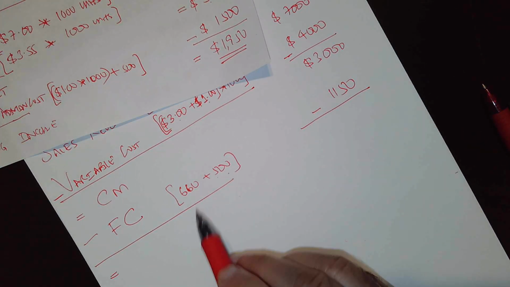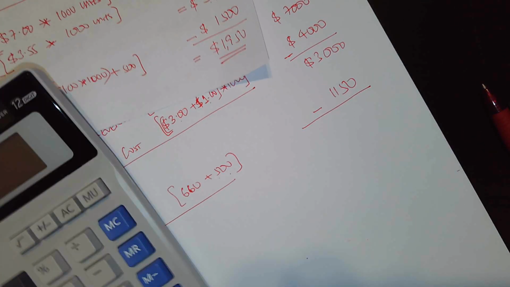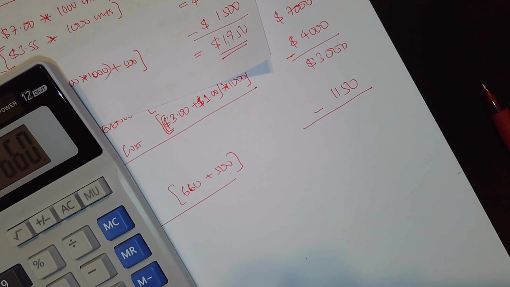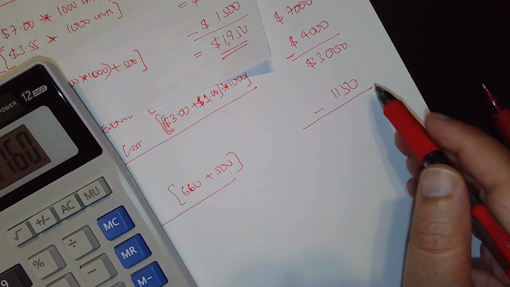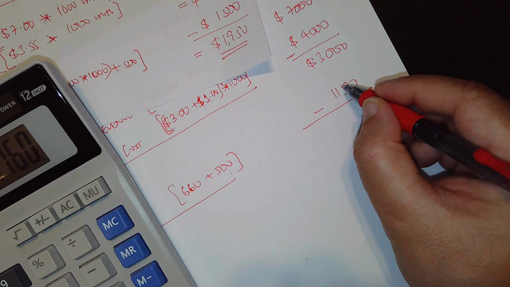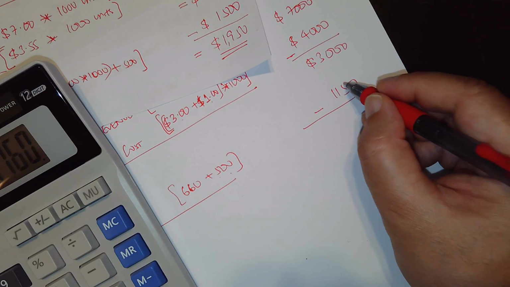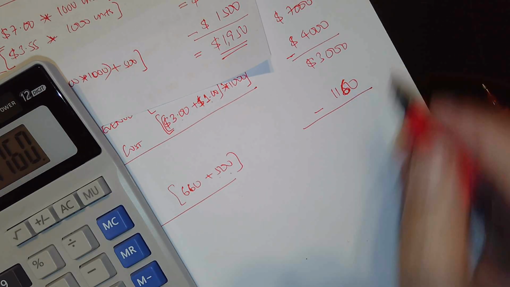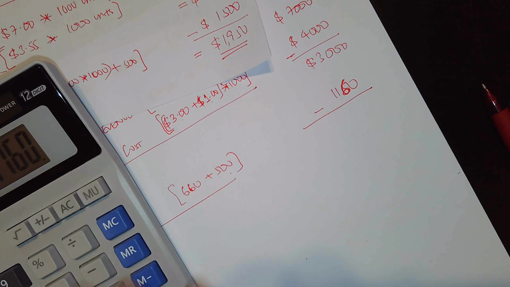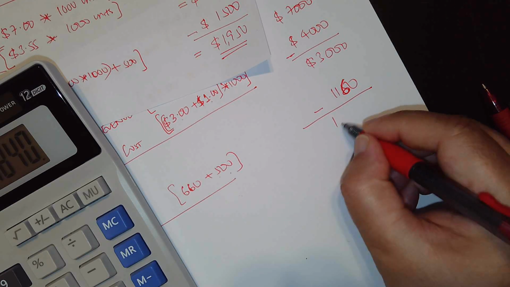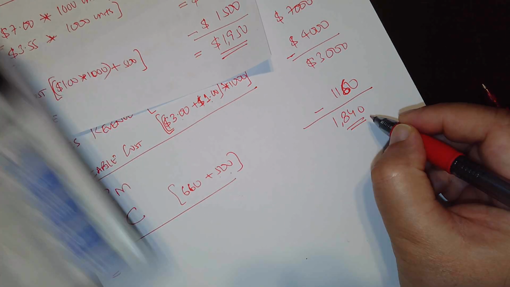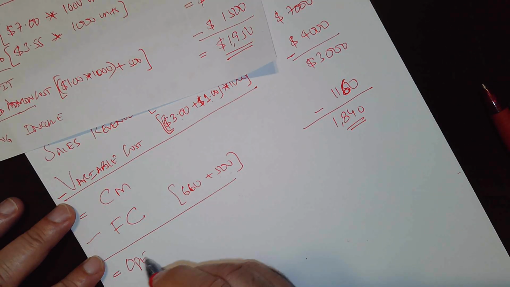Oh sorry, did I calculate correctly? 660 plus 500, 1,160. Yes, sorry, 1,160. And then we're going to subtract that from 3,000, which will be 1,840. So the operating income.